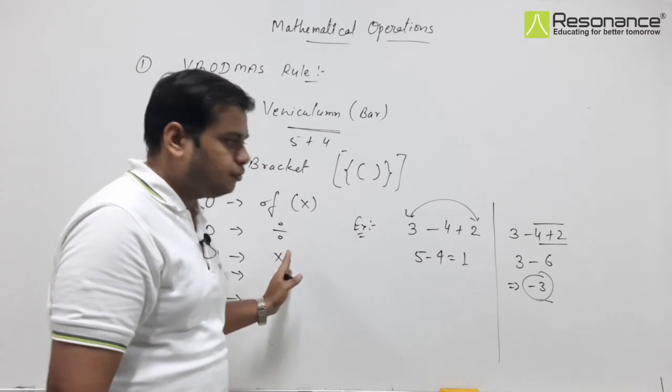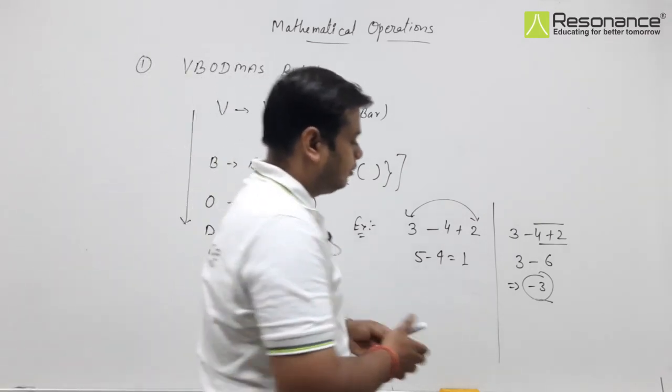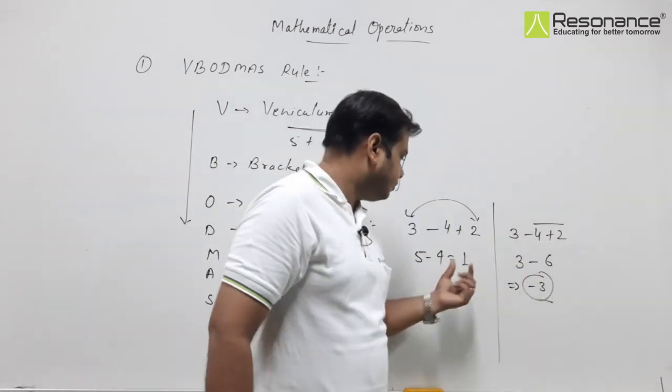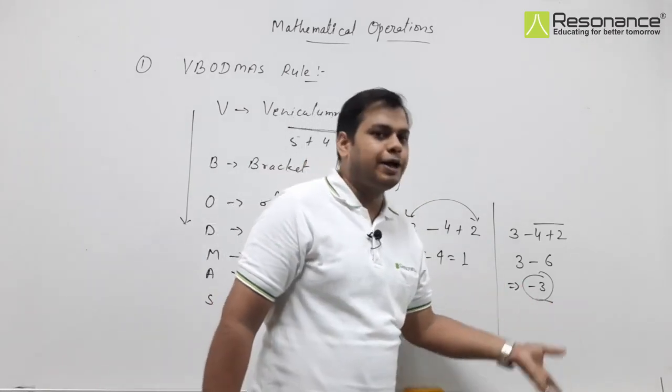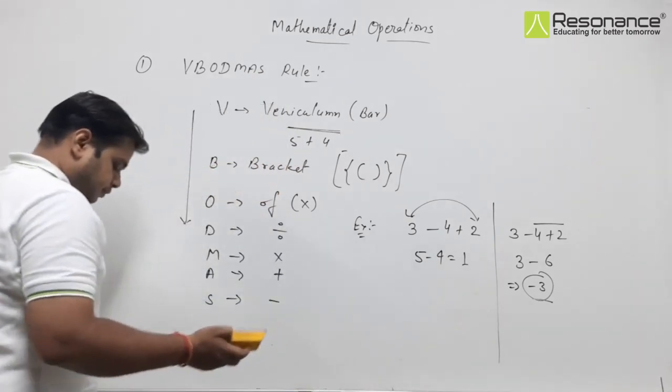We have to follow these mathematical operations in sequence. This is the work of vinculum. Due to vinculum, the answer is completely changed from plus 1 to minus 3. So we have to follow this.